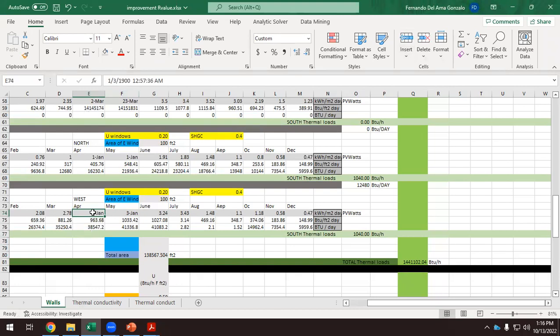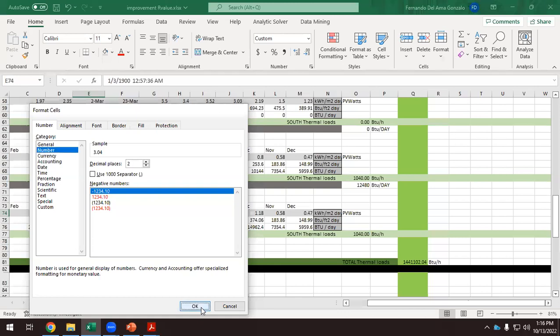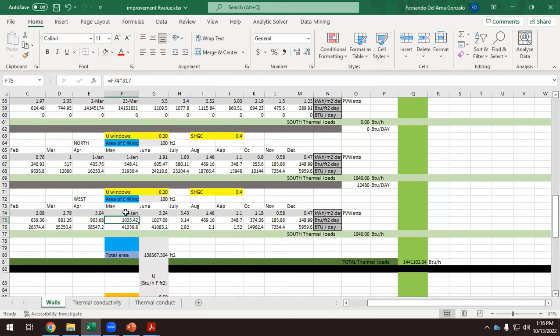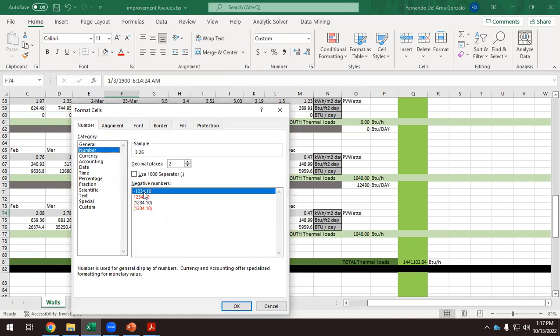Why? I have to format cells, and yeah, for some reason it has selected day and month. I don't want that. I want the number. Okay. If we do this, format cells, select number.